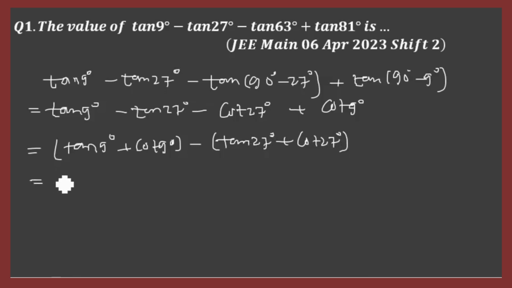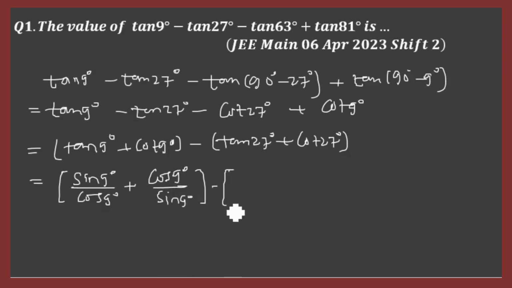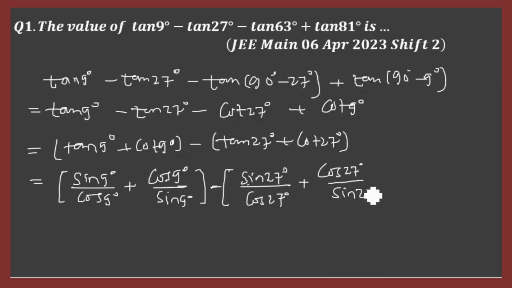So I will write tan 9 degree as sin 9 degree by cos 9 degree and cot 9 degree as cos 9 degree divided by sin 9 degree. And for this I will convert everything in sin and cos. So sin 27 by cos 27, and for cot 27 I will write cos 27 divided by sin 27.